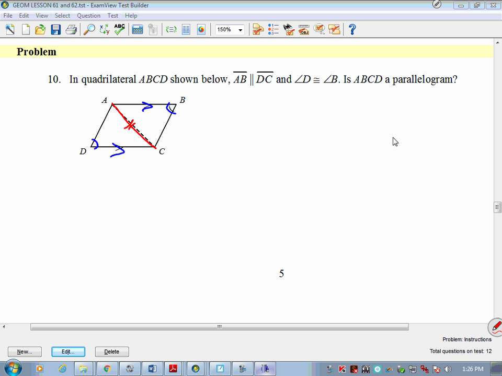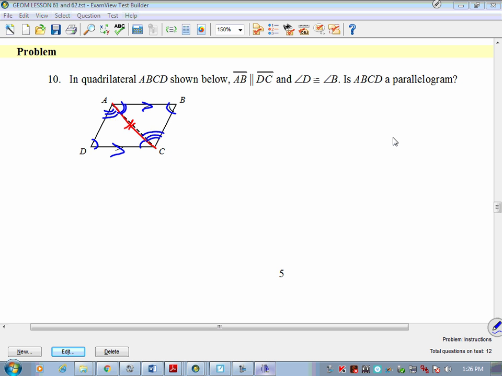Since AB is parallel to CD, we have alternate interior angles, so we also know that this angle and this angle are congruent. We know that this angle and this angle are congruent. So we have 3 angles.